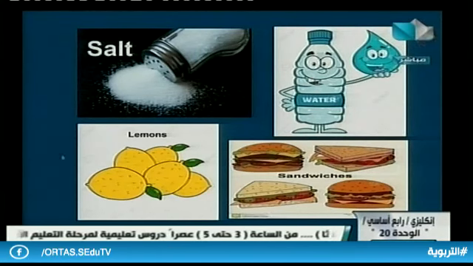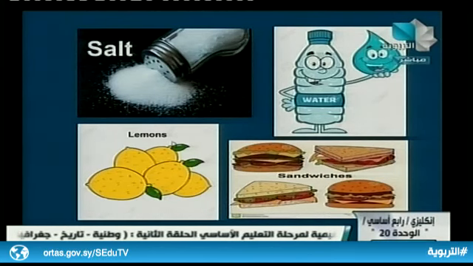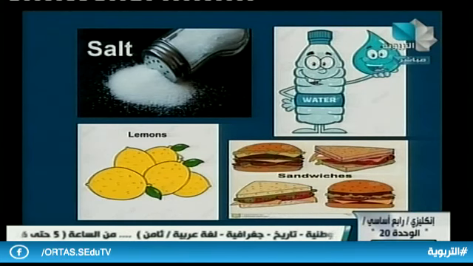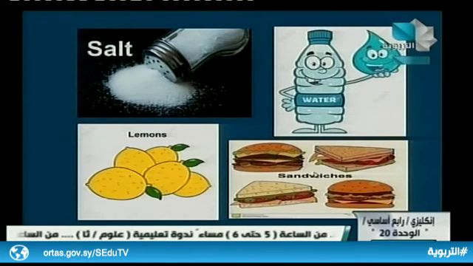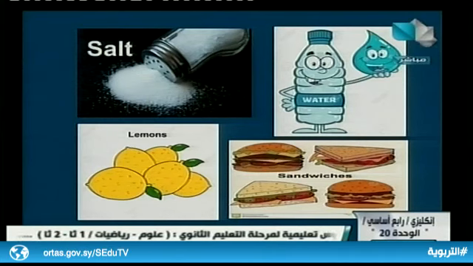For example, lemons, sandwiches. So look here, we can count the lemons: 1 lemon, 2 lemons, 3 lemons, 4 lemons, etc. Sandwiches also we can count them: 1 sandwich, 2 sandwiches, 3 sandwiches, etc.